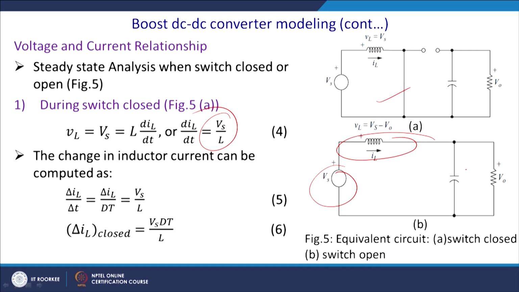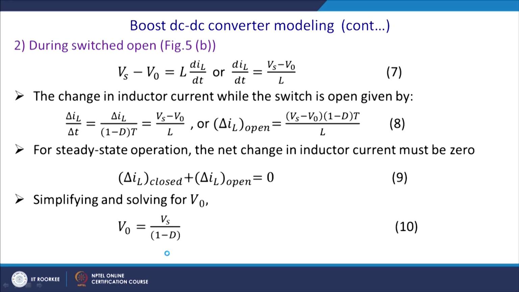So, the change in the inductor current can be computed as delta I by delta t equal to, you can replace delta t as D times T, that is essentially Vs by L. So, delta IL closed, that is the ripple current present in the inductor, will be Vs D T by L. So, this is the relation between the current ripple and the different parameters associated with the boost converter.